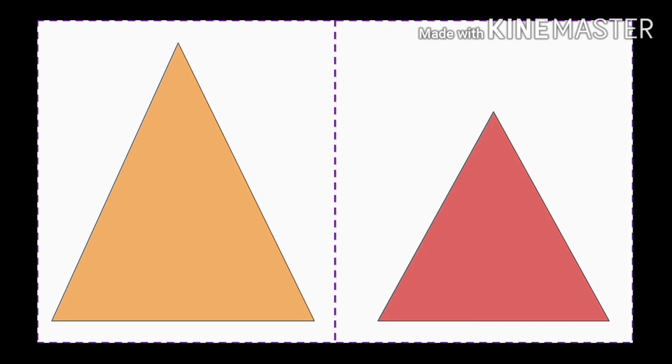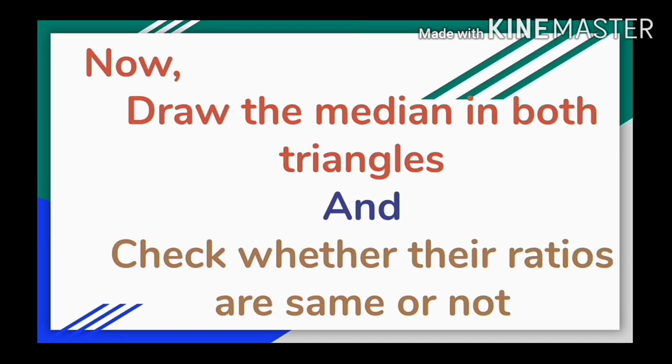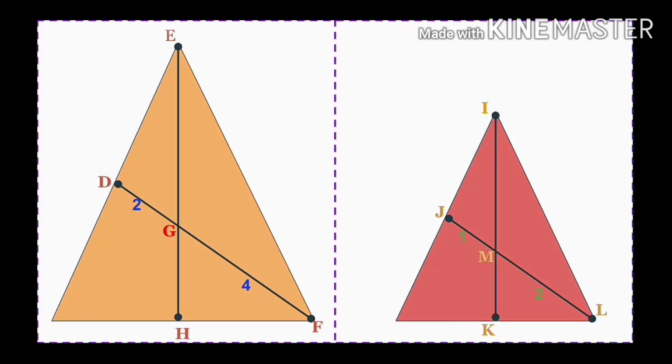This is one triangle and this is the other, different in shape, different in size, different in color too. Now draw the median in both triangles. Check whether their ratios are the same or not. Don't get confused. Here ratios means the ratio of division of the median.